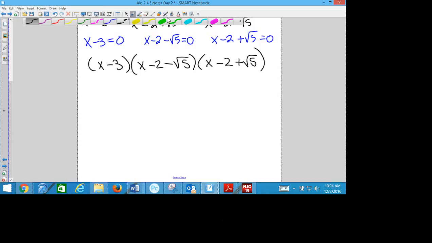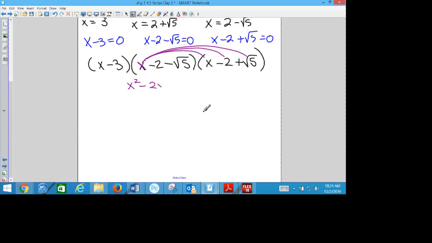Stay organized. I'm going to do it in different colors so you can follow my work. We're going to multiply everything in the second parenthesis by an x. Boom, boom, boom. So I'm going to get x squared minus 2x. And then when I multiply an x times a radical 5, I get plus x radical 5.